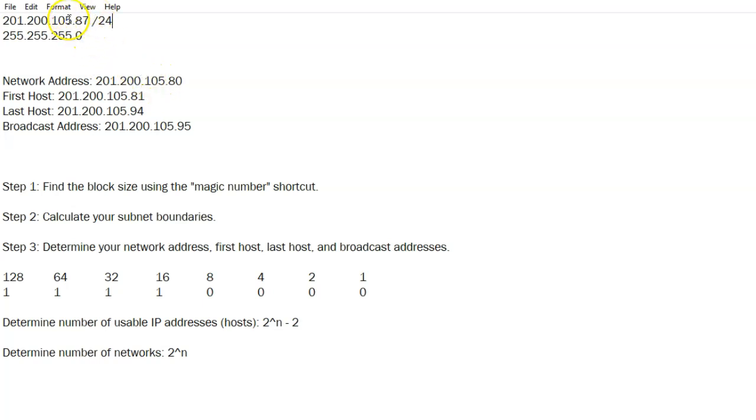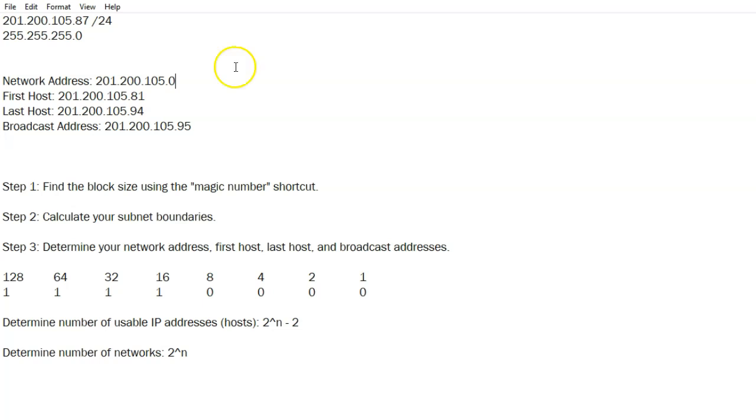But then what about here where you see 0? Well, quite simply, drop down a 0. And that determines your network address. This is only true when you're subnetting on octet boundaries.